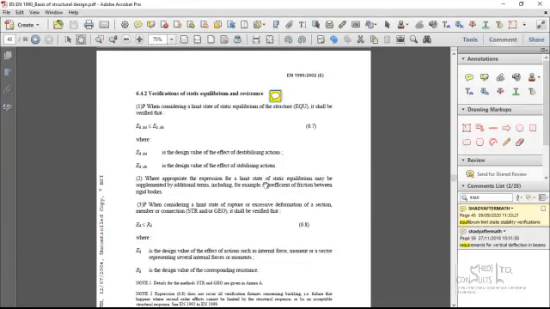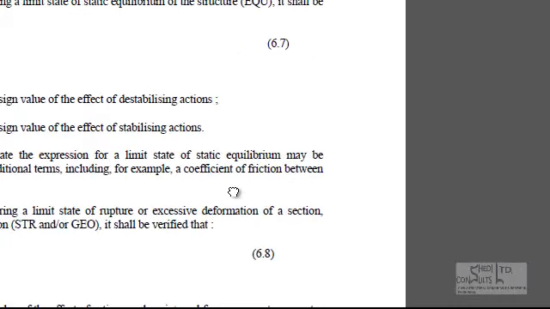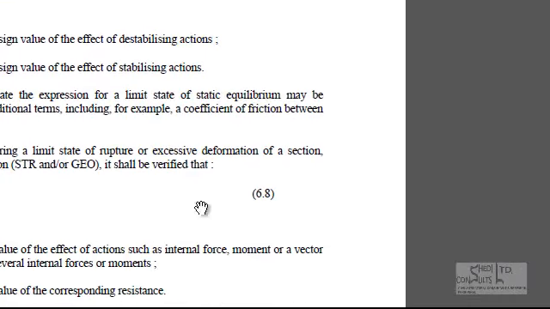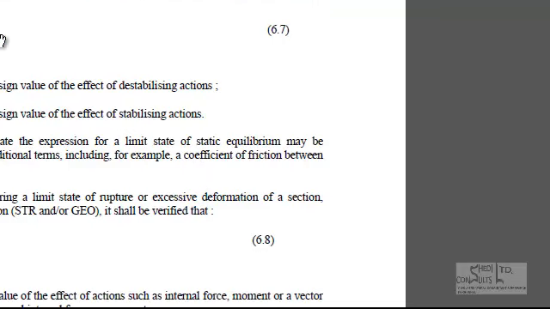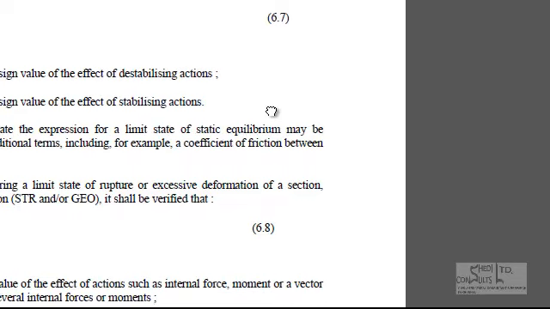It caters for the various load combinations to be used in the design. It makes provisions for the design state, transient condition, accidental condition, persistent condition, and so on. So it states that for verification of static equilibrium and resistance, when you consider a limit state of static equilibrium of a structure, you must verify that the stabilizing forces must be greater than the destabilizing.